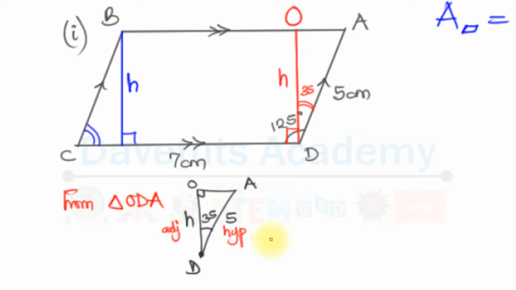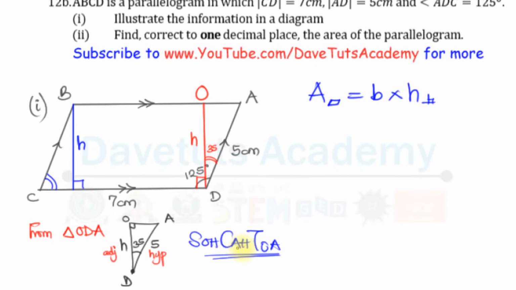So my question is, what is the formula that is relating the adjacent and the hypotenuse for a right angle triangle? Recall, we are actually going to make use of SOHCAHTOA. So we are looking for what is relating the adjacent and the hypotenuse, and you can see it is cos.